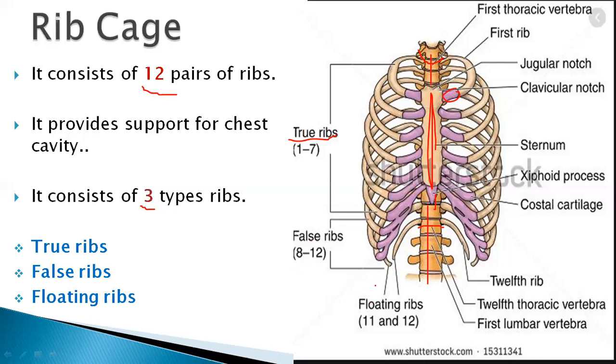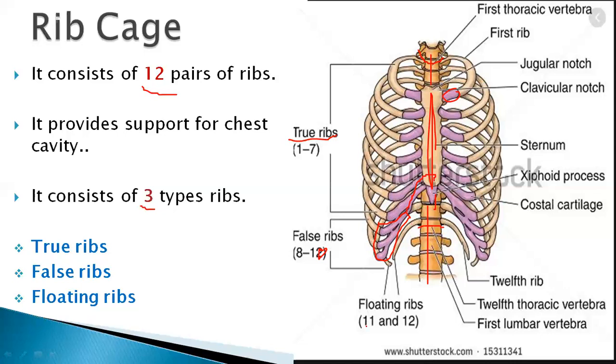They are not completely joined, but the 8th, 9th, and 10th are false ribs because they are joined with one costal cartilage. These are called costal cartilages, and later on they join to the sternum.